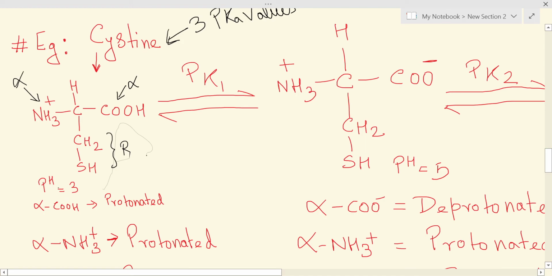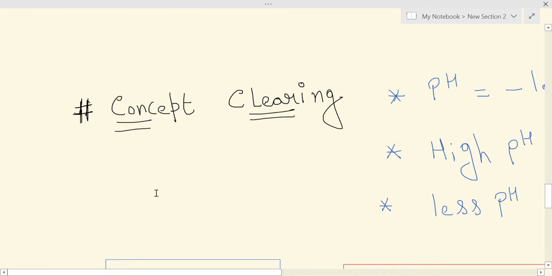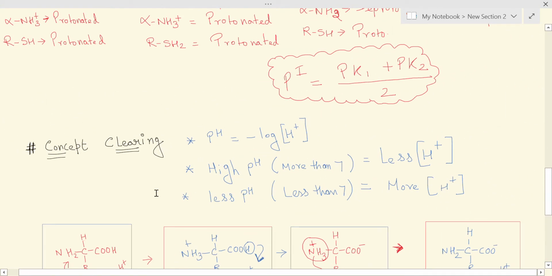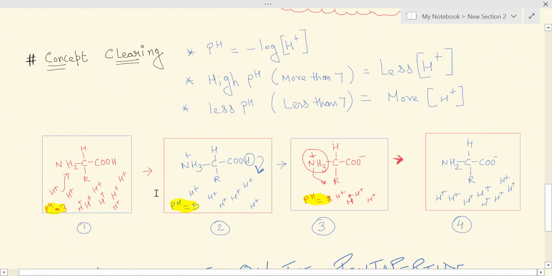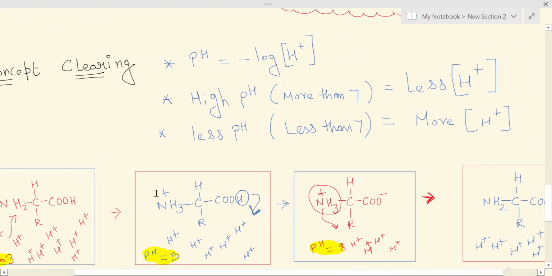Before explaining this point, let me tell you the concept of pH first. I hope you all know what pH is. pH is minus log of H plus ion concentration, or hydronium ion concentration.